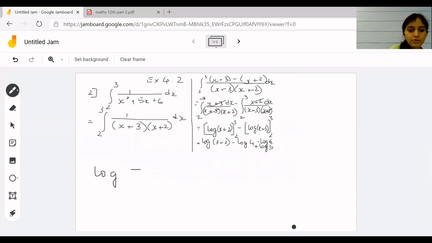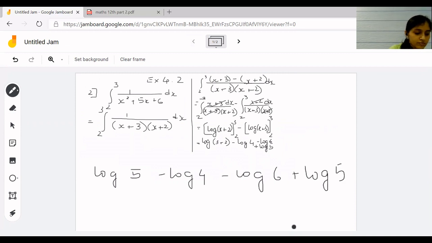Log of 5 minus log of 4 minus log of 6 plus log of 5. Okay.